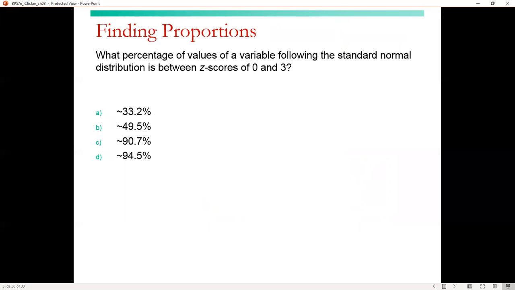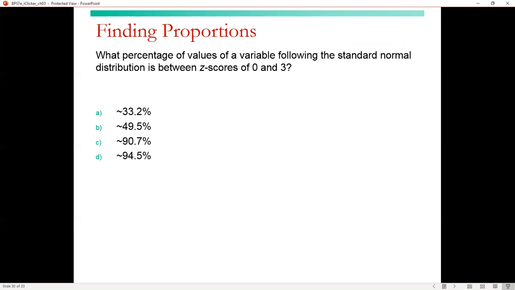What percent of values of a variable following the standard normal distribution is between z-scores of 0 and 3? A z-score of 0 represents an observation equal to the mean, and a z-score of 3 will be at nearly the end of our distribution.